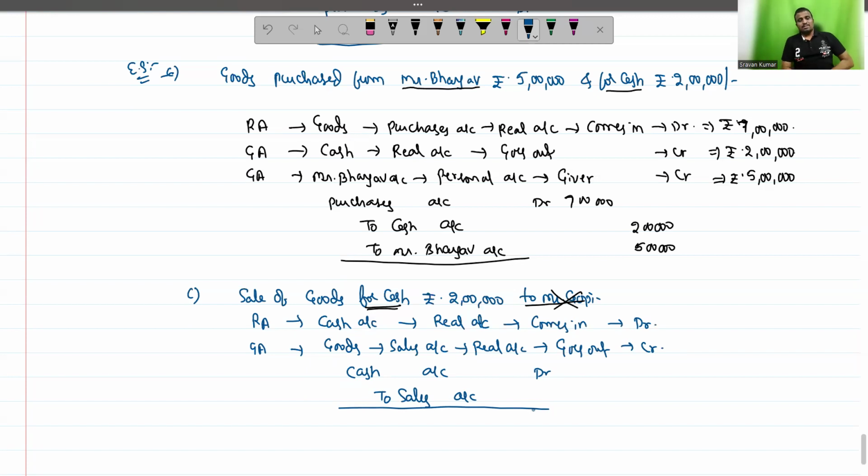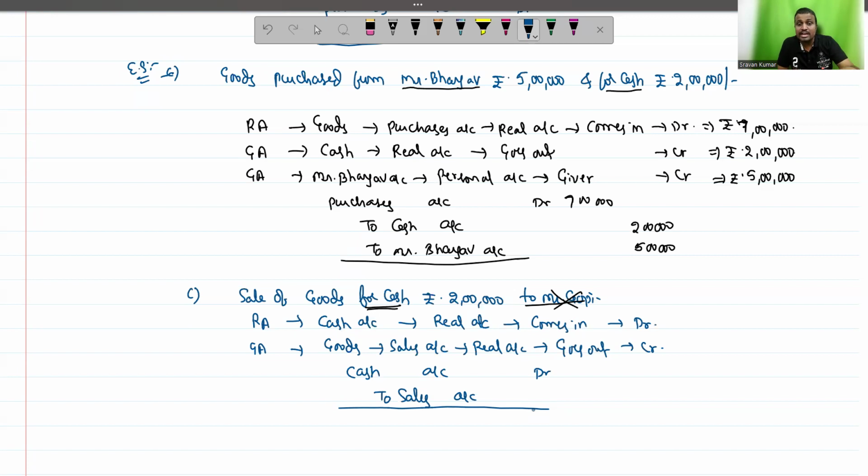But actually, coming to the nature of these sales, here we are analyzing the transaction from the point of view of the goods. That's why I consider goods a real account. But the sale of a good is nothing but utilization of the purchased good.